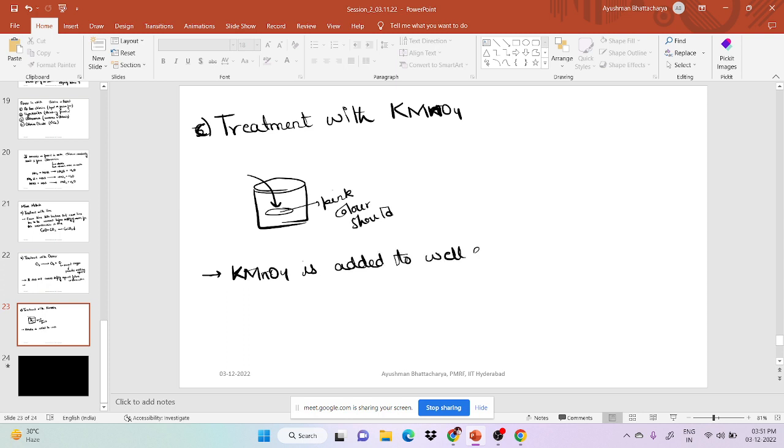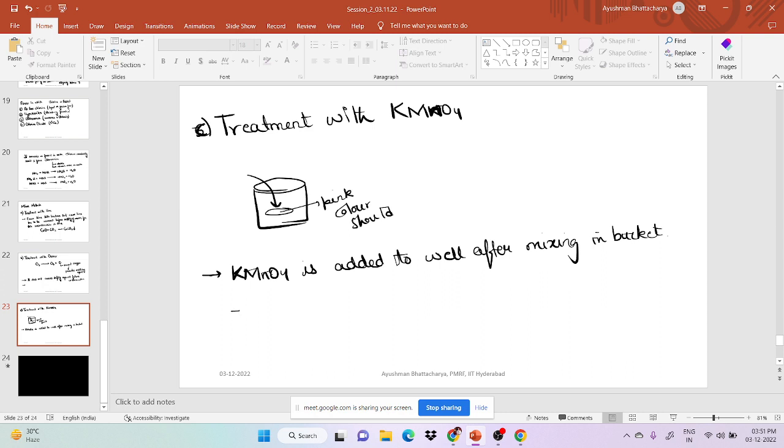After mixing in the bucket, if the pink color disappears, that means organic matter is present. Hence, more KMnO4 is added until the pink color stays. Also, the well should not be used for the next 48 hours.